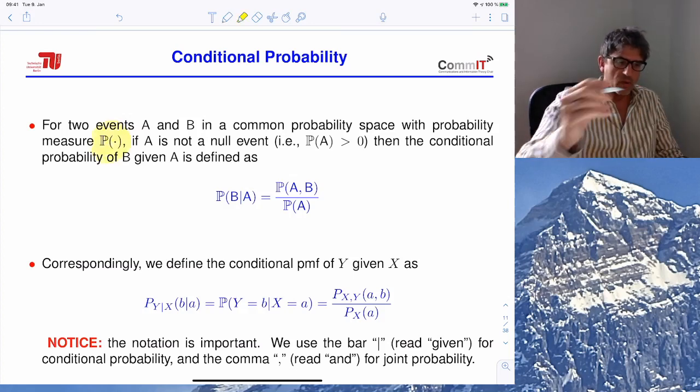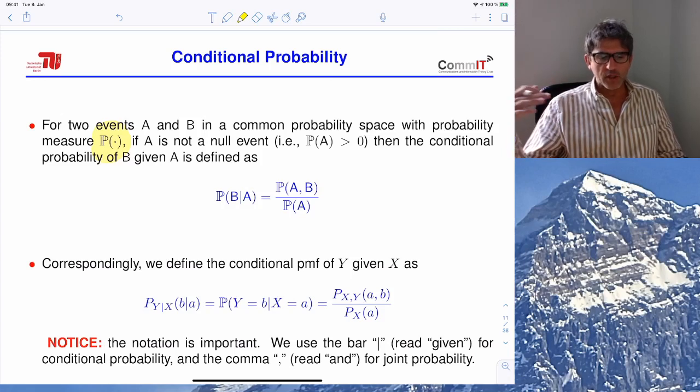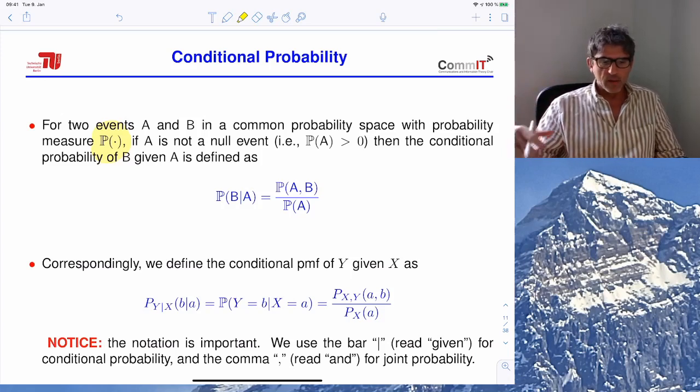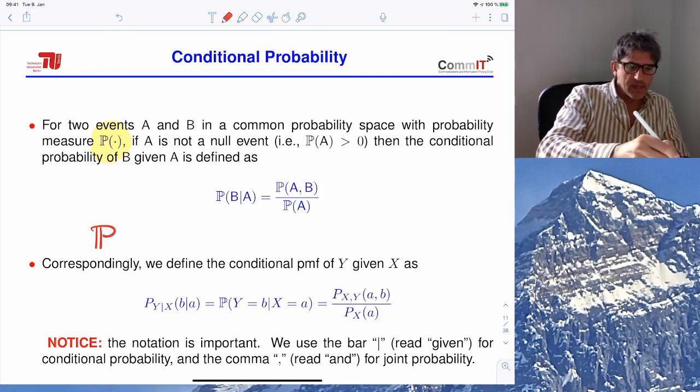I use this symbol with this strange P to indicate the general probability measure underlying the probability space. And so any probability can always be written as P of some event.